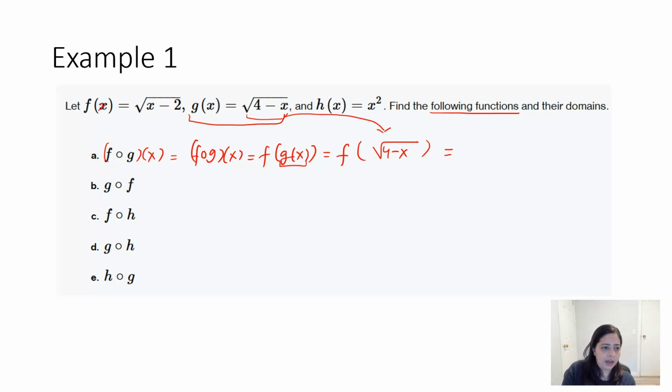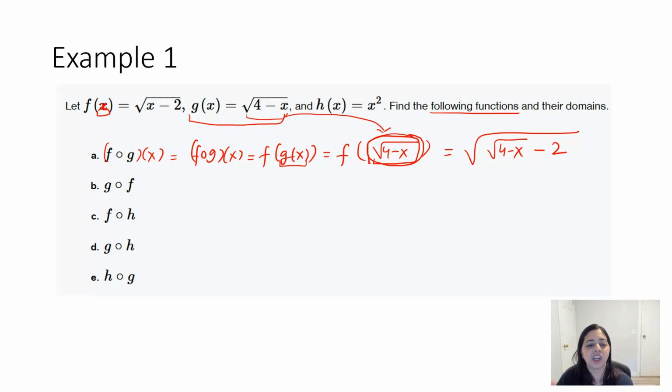If you feed x as an input to f, it takes the square root of x minus 2. Now instead of x, you have the square root of 4 minus x here. So it's the square root of the square root of 4 minus x, minus 2.